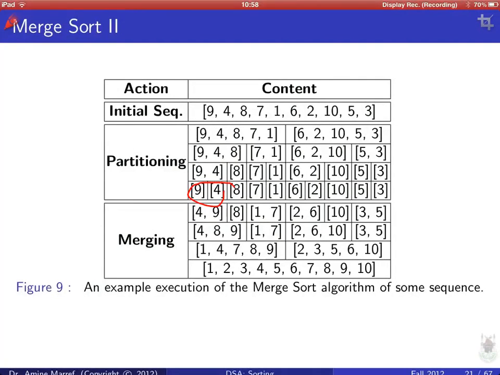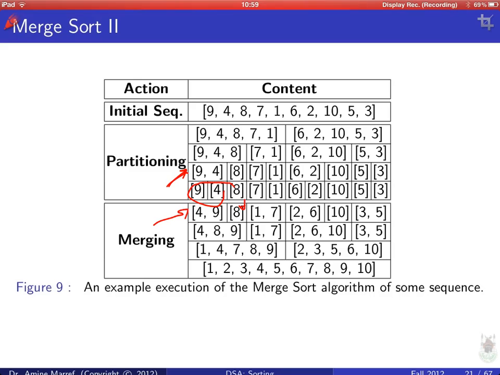Let me see the merging if I have an example. Yeah. So here I am considering the merging of. Obviously, there are lots of mergings happening here, right? There is the merging of 4, 9, and 8. The merging of 2, 6, and 10.